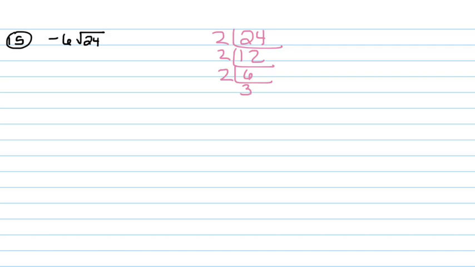And I have a set of 2's that can come out. And so I have the negative 6 that's hanging out in front. It just drops down. I have the 2 that was brought out. And then I have the square root of 6 that was left behind. And so when I find that number, it's going to be negative 12 on the square root of 6.